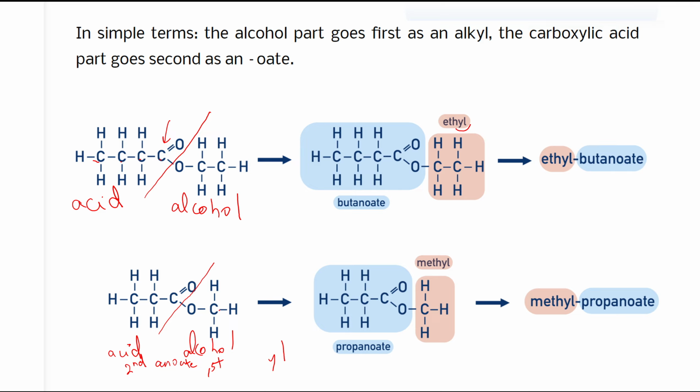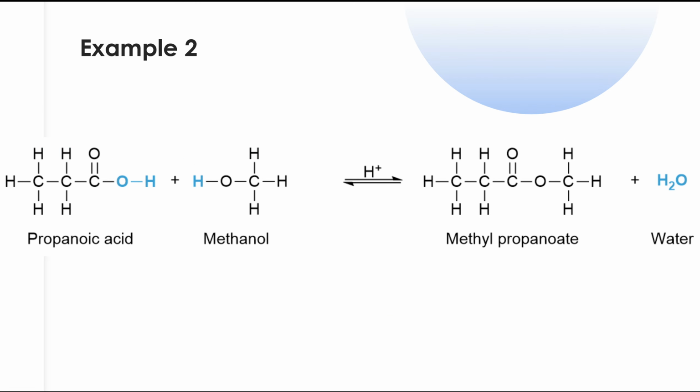How many carbons in the alcohol? 1. So it is methyl. How many carbons in the acid? 3. So it will be propanoate. In the name, I write the alkyl part first, the alcohol part first, so it is methyl, followed by the acid part, which is propanoate.